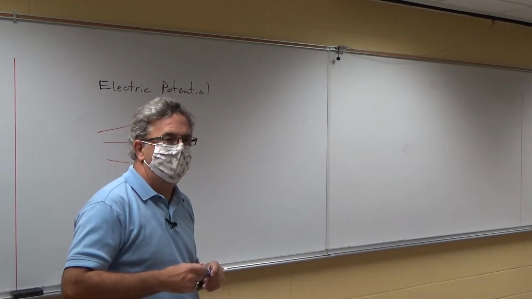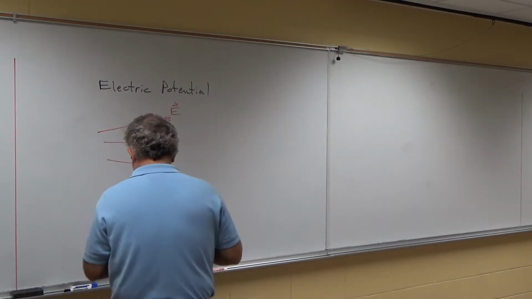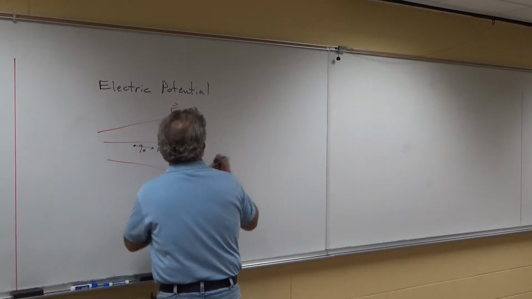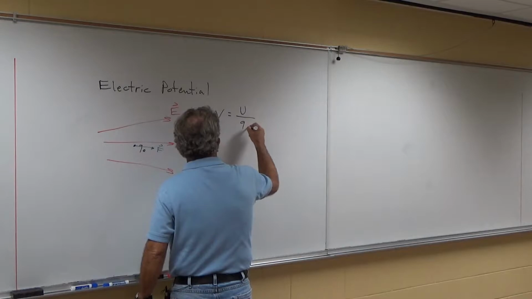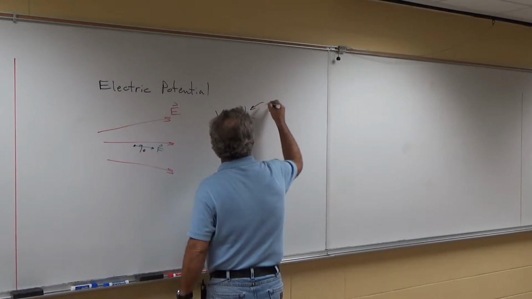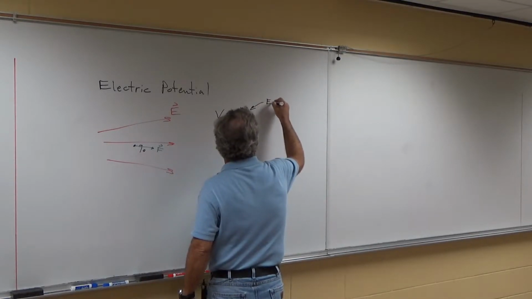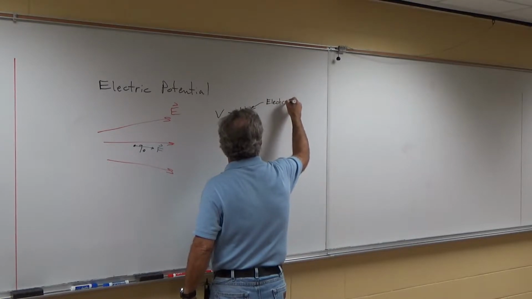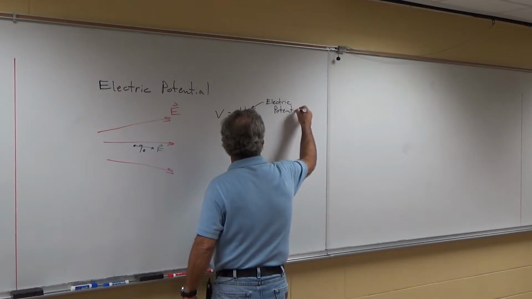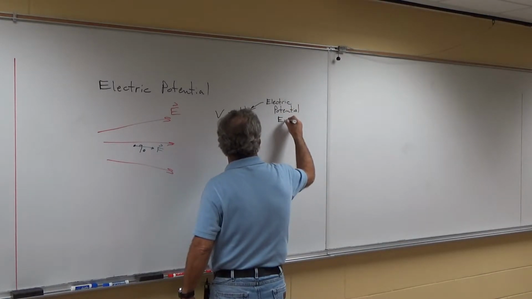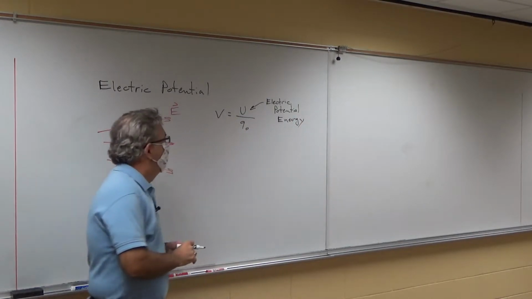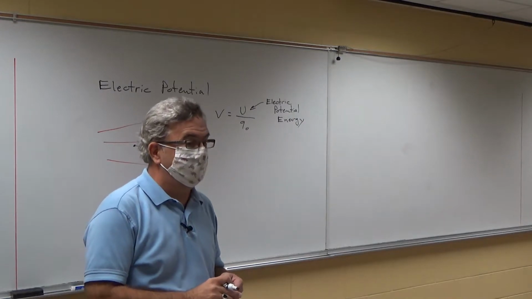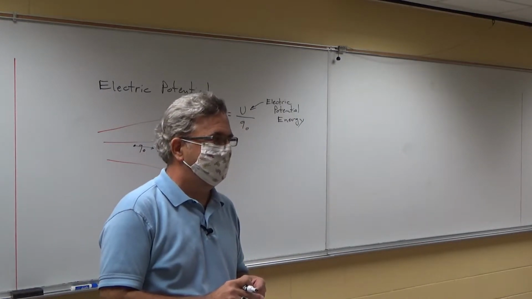There's some electric potential energy based on its position, the size of the charge, the field, all those things. So the electric potential, V, is equal to U over Q naught. I said it's related to the potential energy, but we're going to see how we don't need energy to create this electric potential idea.